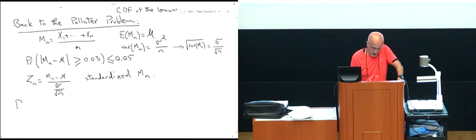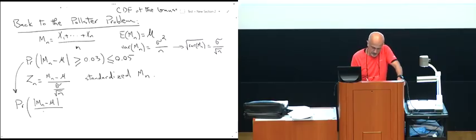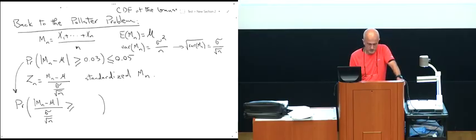So when I go back to my inequality, I want to convert this to something related to Zn. The denominator here is non-negative, so I can keep this, and if I divide by sigma over root n, I have to do the same thing where? With the what?